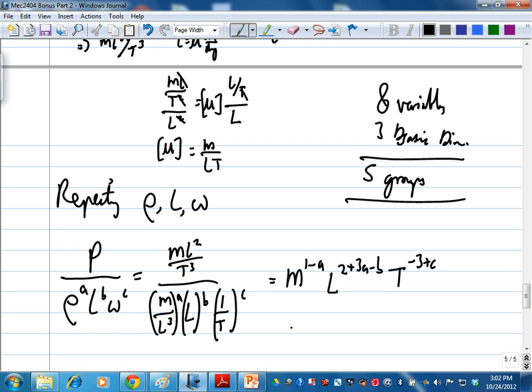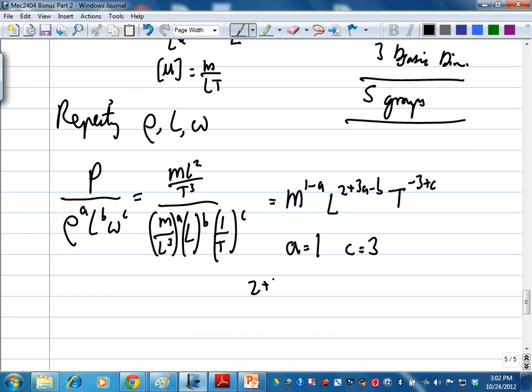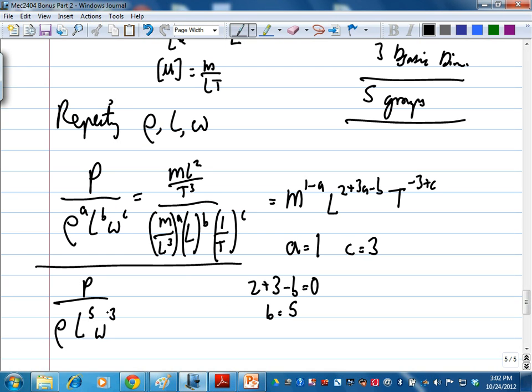So A equals minus 1, C equals minus 3, therefore 2 minus 3A plus B equals 0, B equals minus 5. So this one becomes P over rho L to the 5 omega to the 3. Okay.